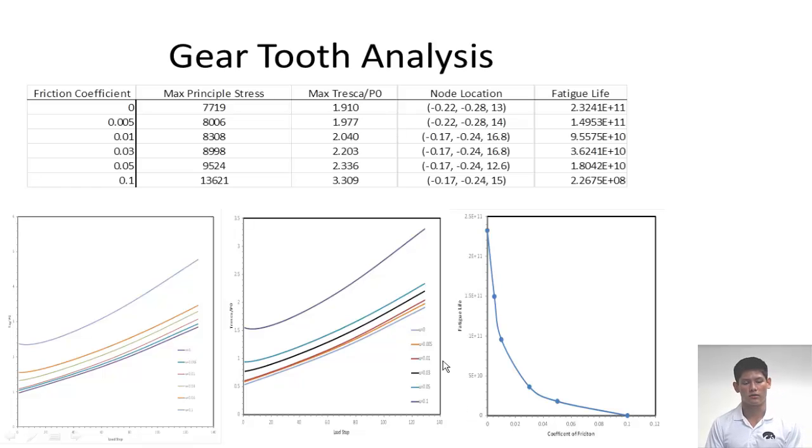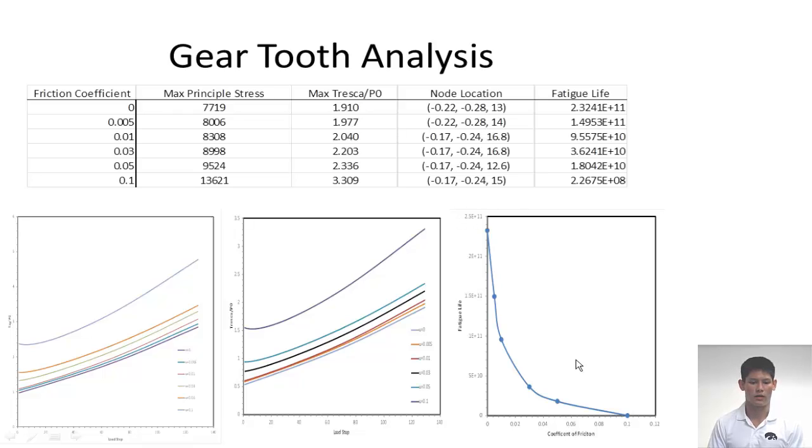So once we modeled the gear tooth, we got to analyze the fatigue life with different friction coefficients. Here we have our friction coefficients, our mu from 0 to 0.1, and it shows our maximum principal stress and our Tresca, as well as the node location which is first to fail.